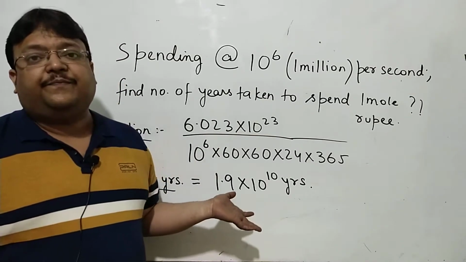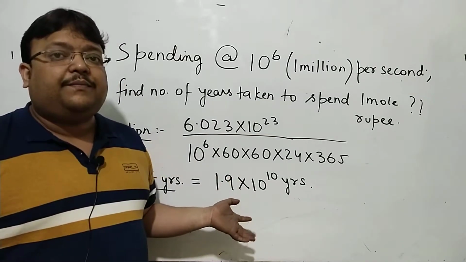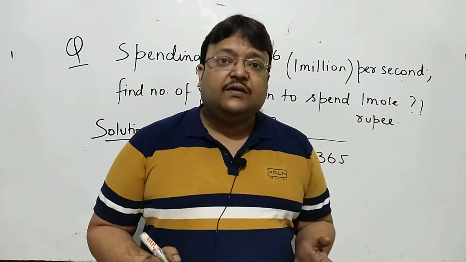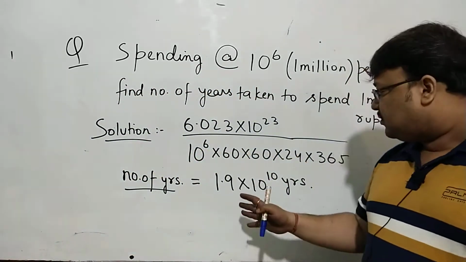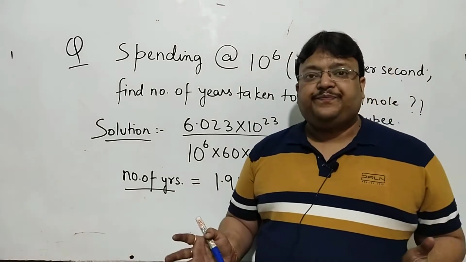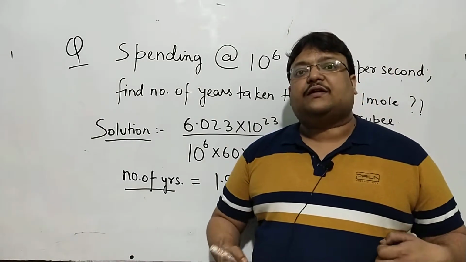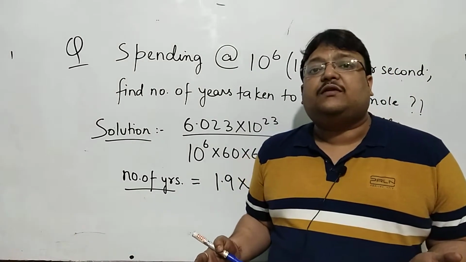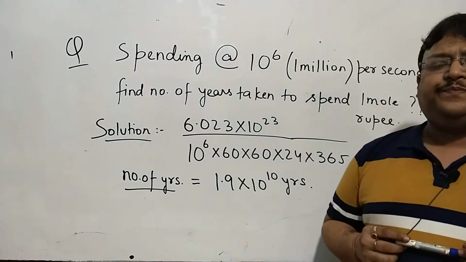10,000 million years. This is comparable to the age of the planet. Certainly human civilization will not live this long. God knows whether the solar system will survive this long or not.